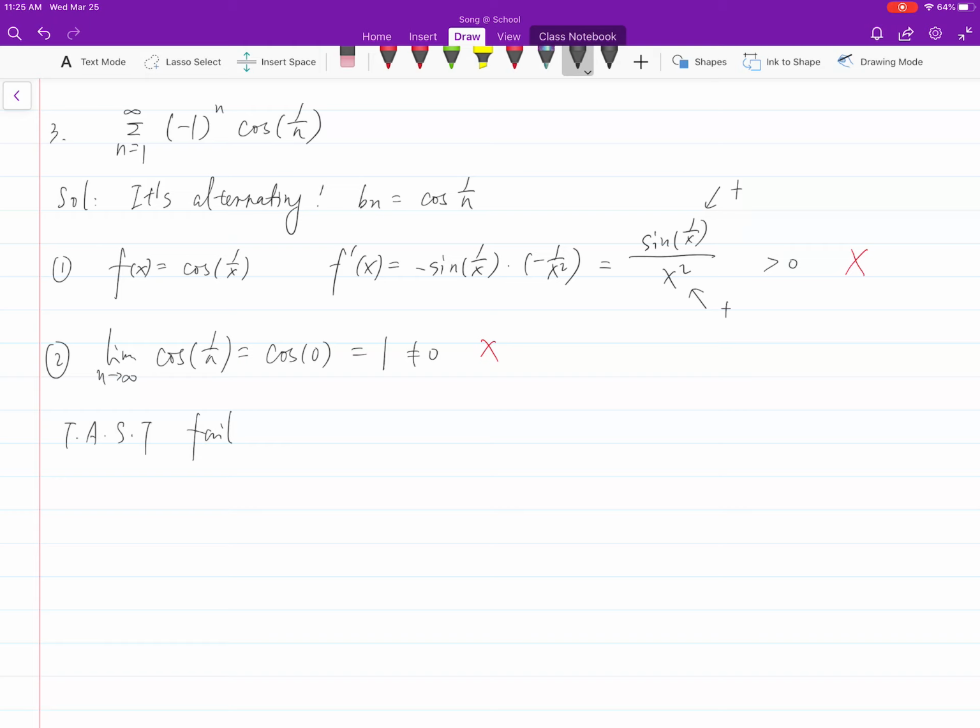Okay, but then you need to think about another thing, that is, if it fails, what conclusion can you say? The first one is, since I cannot show it's convergent, therefore it must be divergent. Is this the right thing to say? Think about it.